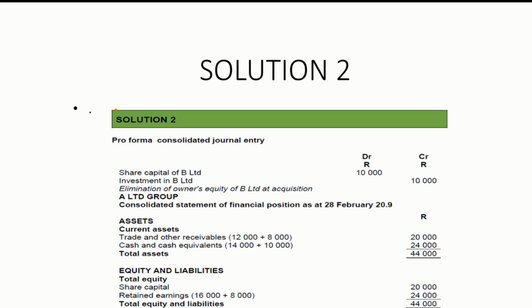So in my consolidated statement of financial position, I only have trade and other receivables 20,000, cash and cash equivalent 24,000, share capital 20,000. Why 20,000? It was 30,000, but I've taken out 10,000 by the elimination, leaving only the share capital of the parent, 20,000. Then retained earnings 24,000.